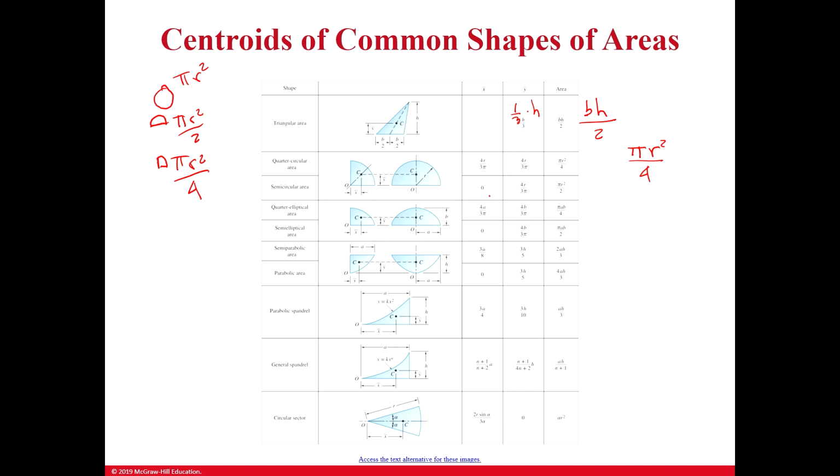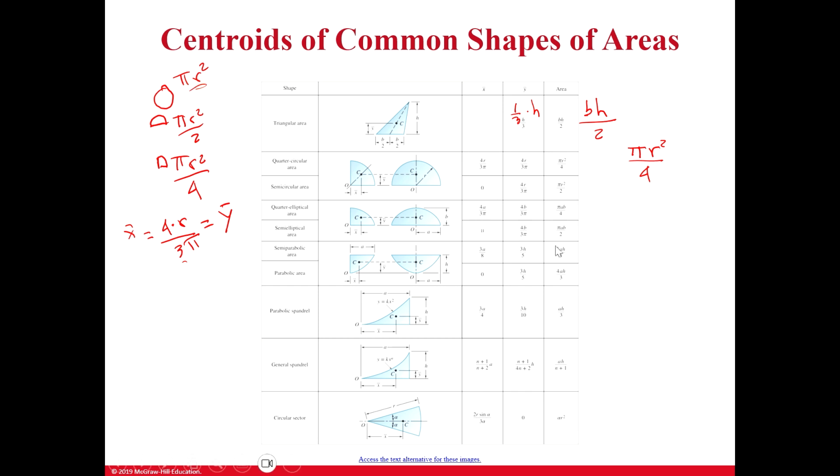Okay, so if it's a quarter circle, the centroid is located in x at 4 times the radius divided by 3 pi, and it's actually the same place in y. So the moment of a quarter circle would be x times the area. So this number times that number.